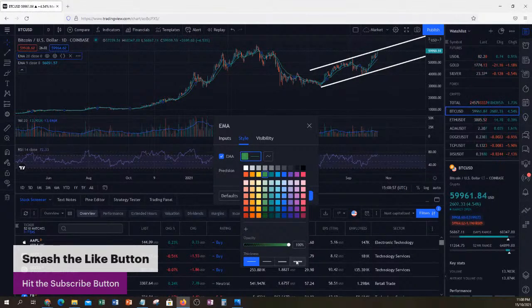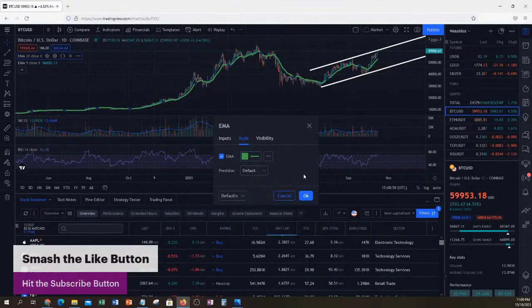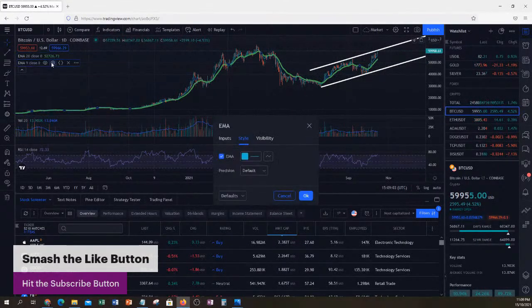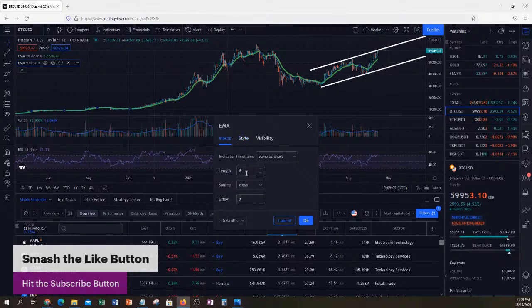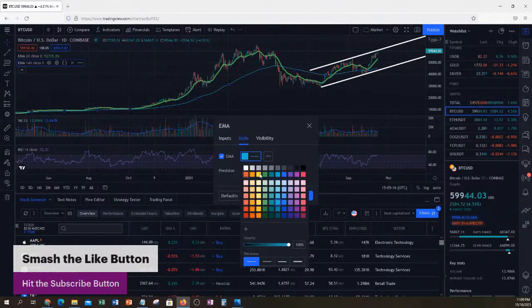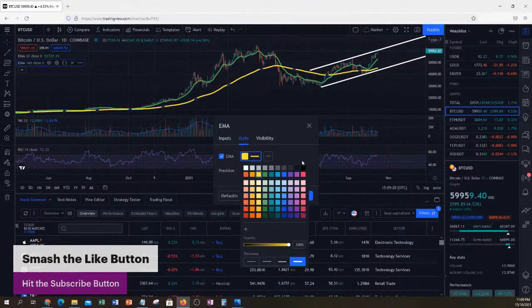Maybe change it to green, increase this so you can see. So you have the 20-day moving average, and this I'm going to change to 140. Now I'm not going to explain the technical aspect of why 140, but basically it's a slower version. It will show you the actual moving average. Maybe let's put this as yellow, and I'm going to press OK.